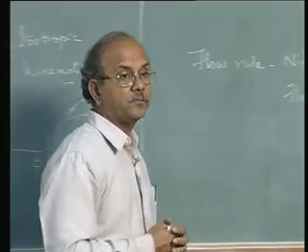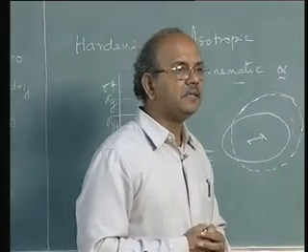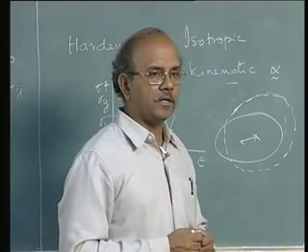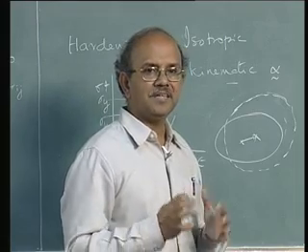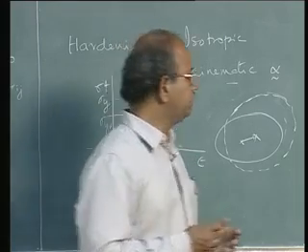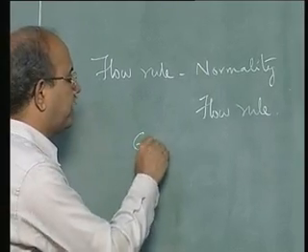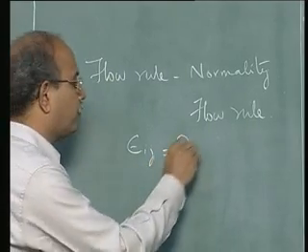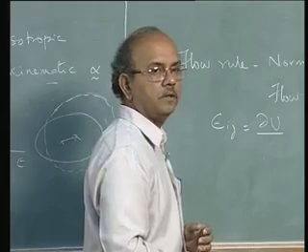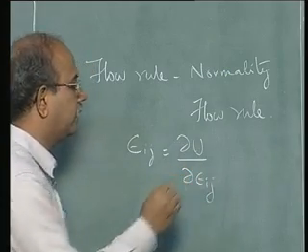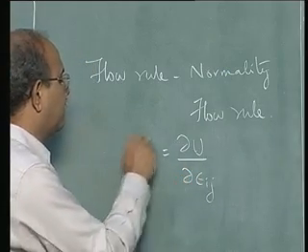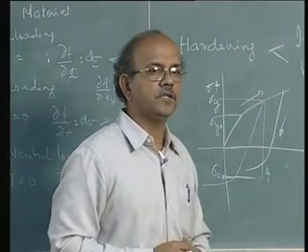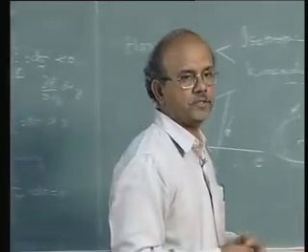Okay, so how to express this relationship, and one of the inspirations for putting down this normality flow rule is the developments in elasticity, where elastic strains for hyperelastic materials were expressed in terms of a function u, sigma ij is written as dou u by dou epsilon ij, where u can be treated as a potential function of strains and so on.